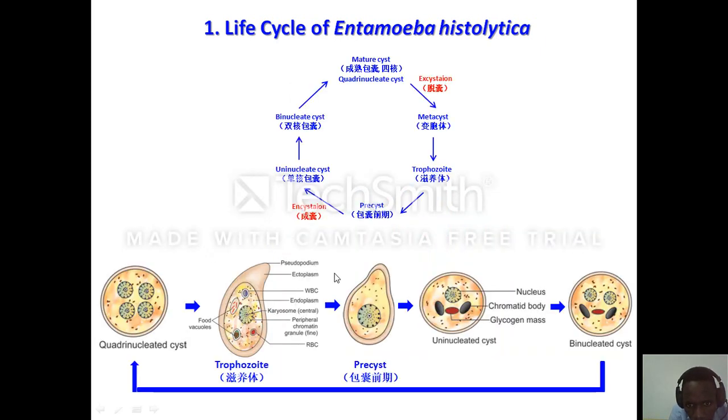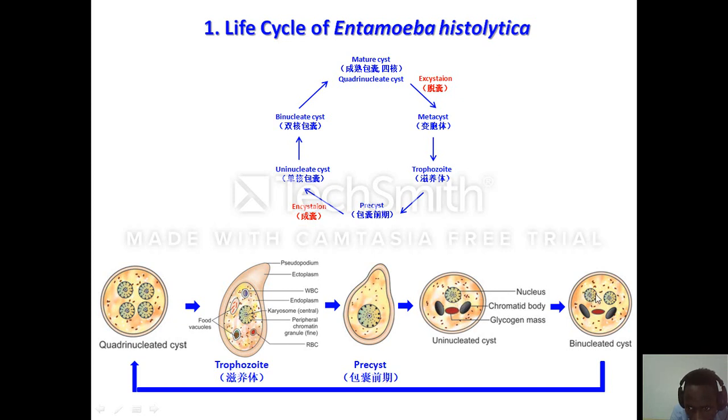And you have to know one thing about the nucleus. The nucleus here has the peripherals, which are those black spots seen in this drawing, and then the chromosome at the center. The same thing for this nucleus. You have the chromosome at the center, and then the peripheral chromatin granules also there.